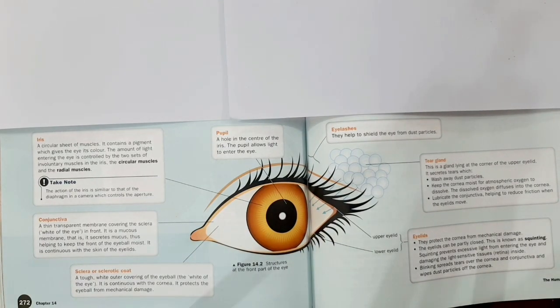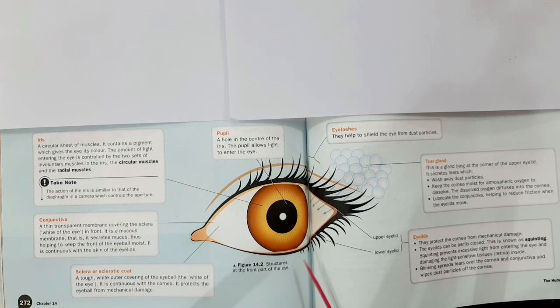Okay class, this is another figure of the eye. We are still on the external structure, but this is more detailed. Definitely everything cannot be drawn on the board. Here you can see the eyelids, and you can also see the tear glands, which produce the tears. These are the eyelashes, and here you can see the iris.